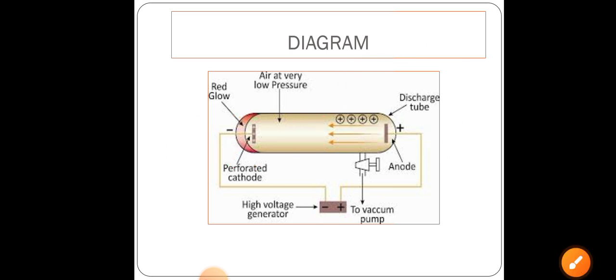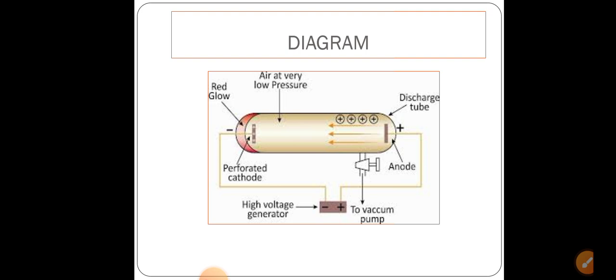When the cathode was not perforated, the anode rays were just hitting the cathode, because of which he was not able to understand the nature. That's why he made it perforated, so that they could pass through the cathode and get deposited on the fluorescence beam, and he was able to understand the properties of the rays.